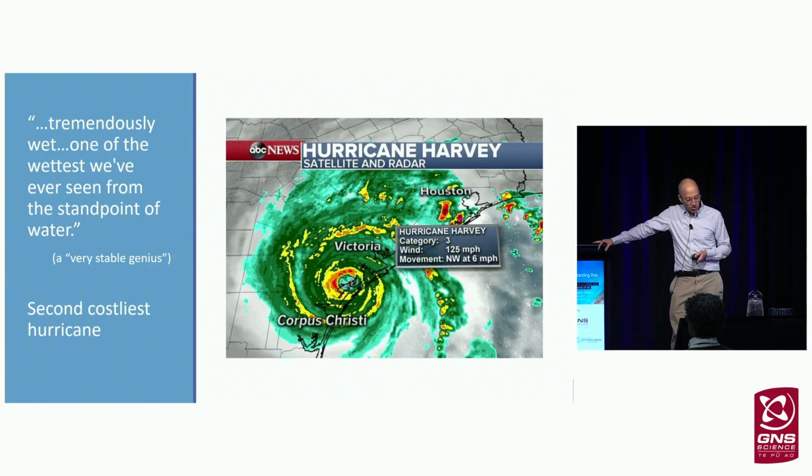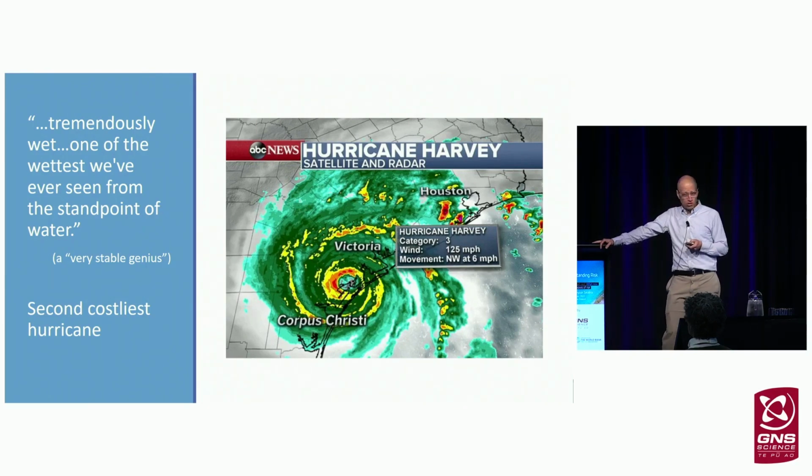Okay? And as I said already, it was the second costliest hurricane in US history. Actually, it was a Category 3 hurricane, so it's not a terribly strong hurricane, using the categories that we use, so we categorize hurricanes Category 1 through 5.